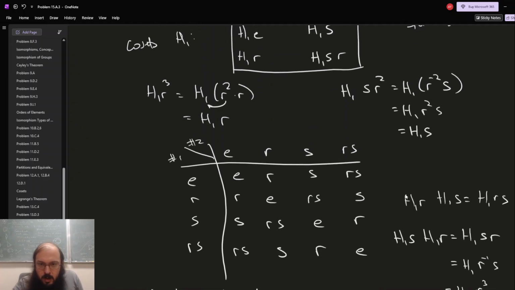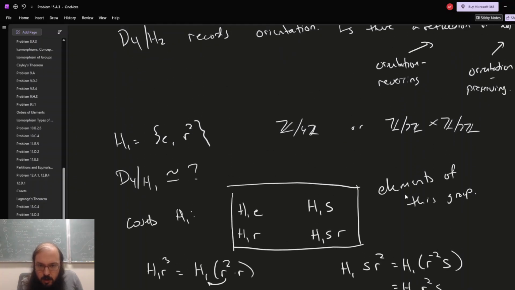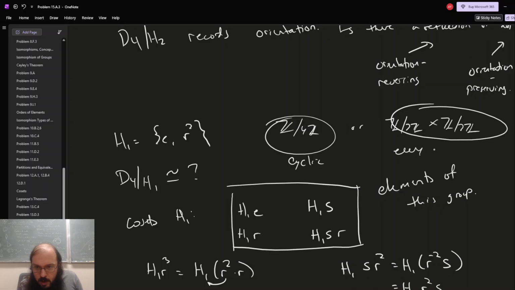And so of the two choices, here there's an element of order 4. This one is cyclic, whereas this one, every element is order 2.